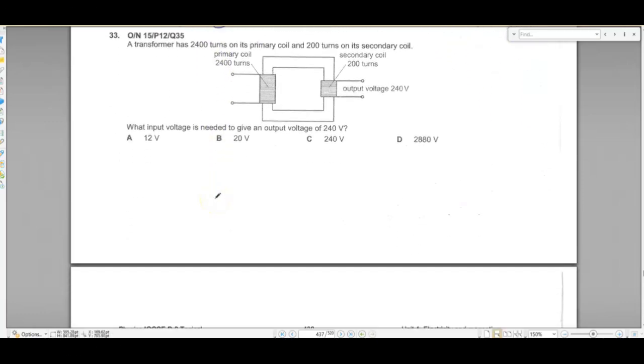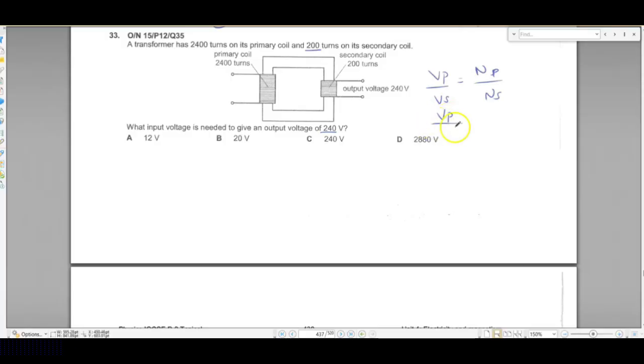Question number 33. A transformer has 2400 turns on its primary coil and 200 turns on its secondary coil. What input voltage is needed to give an output voltage of 240 volts? Again, we are going to use this formula, Vp over Vs equals Np over Ns. So we have to find the input voltage.